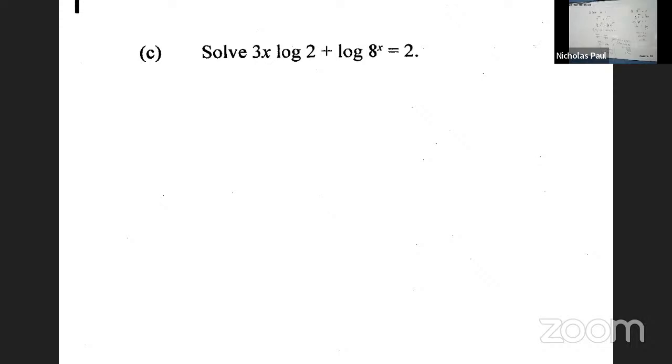No, this is log to the base 10. Use this and this.